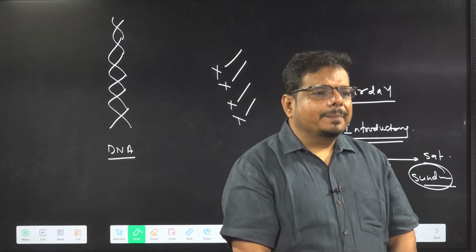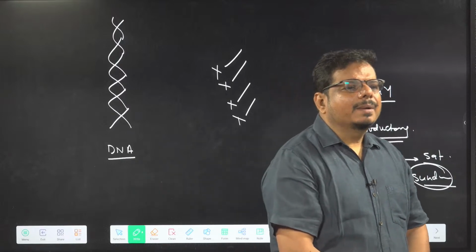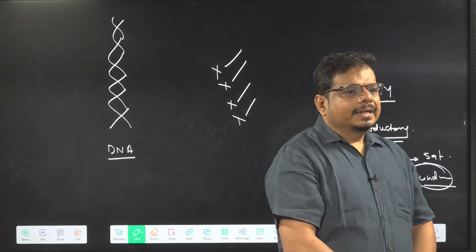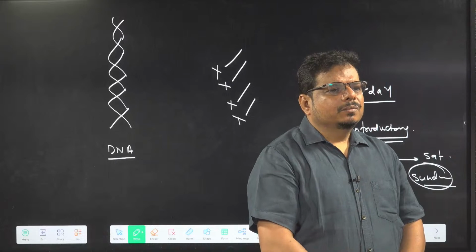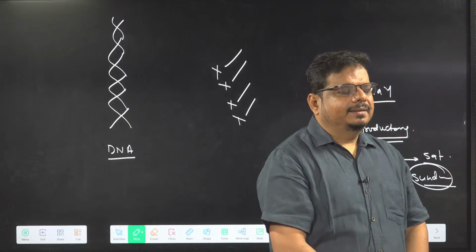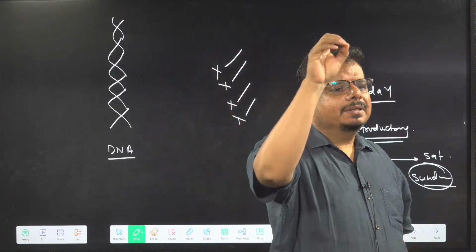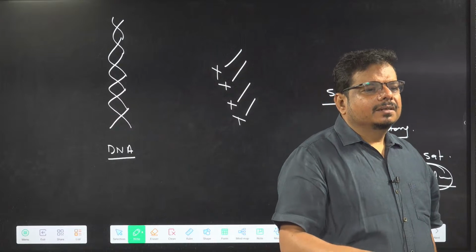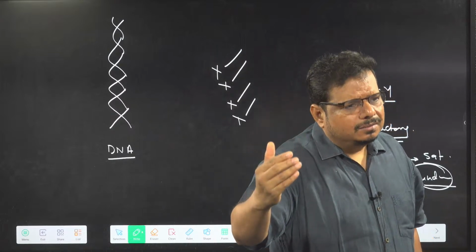We know what chapters are added, we know what chapters are deleted. So what we have already planned is that first we teach you those topics which are in the new NCERT as well as in the old NCERT. Later, in the last, we will keep those chapters which are not in the new NCERT.